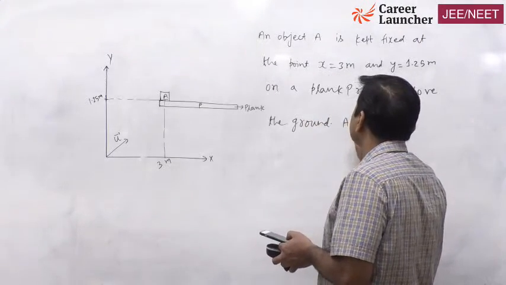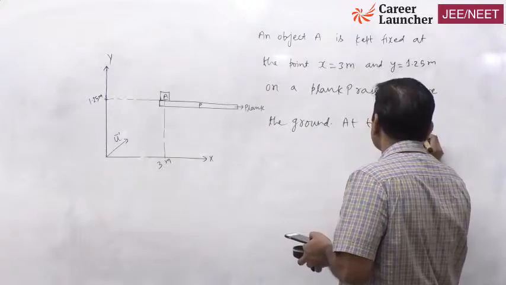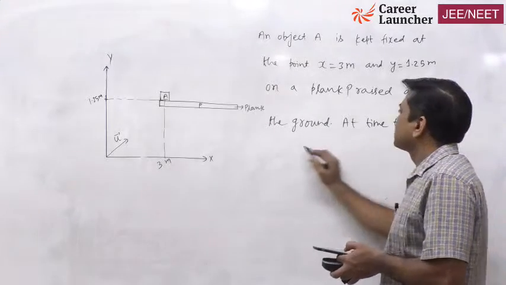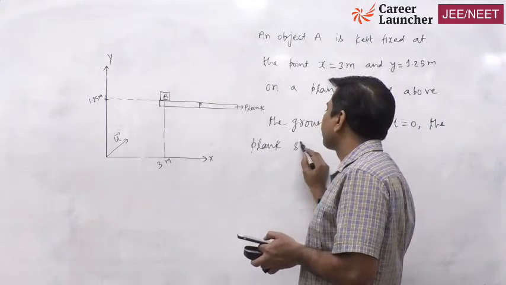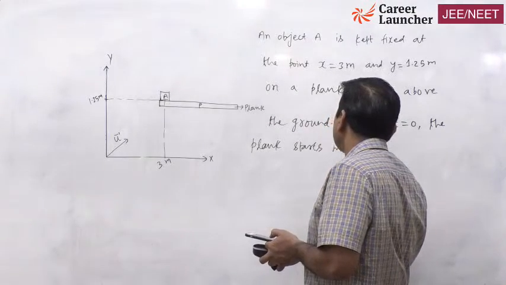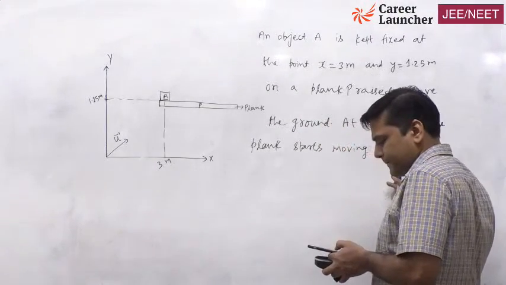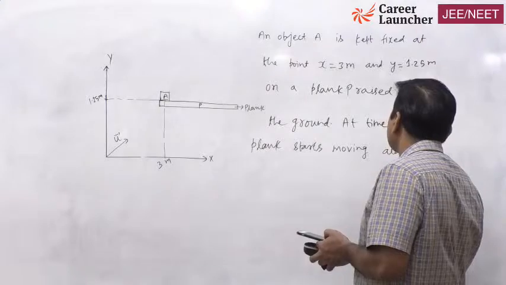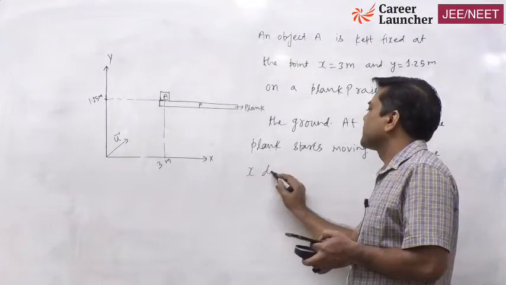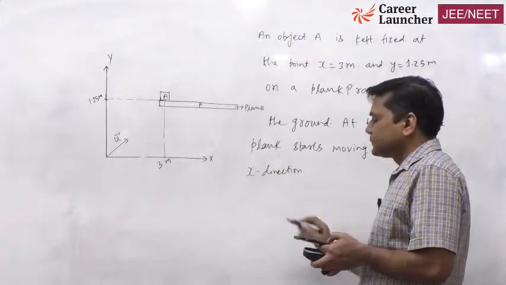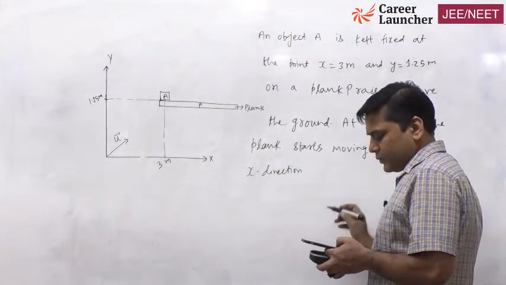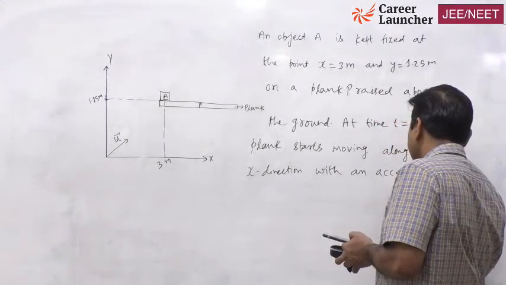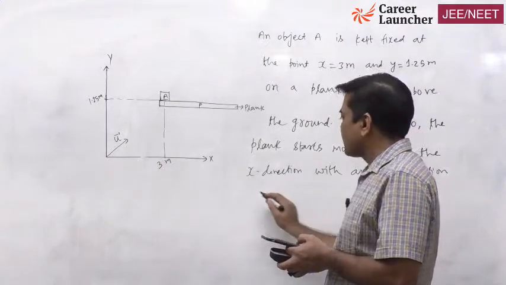At time t equal to 0, the plank starts moving along the x direction with an acceleration 1.5 meter per second square.